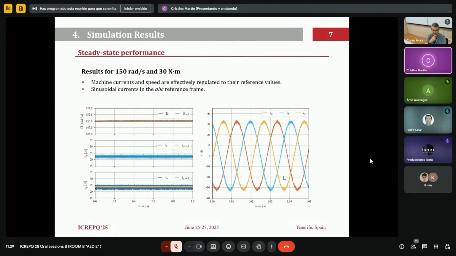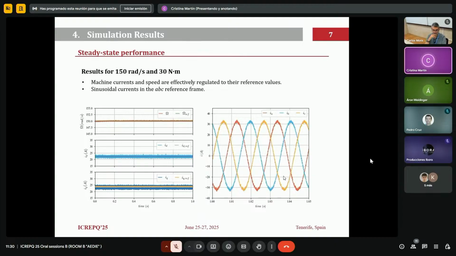Okay, so the results we obtain by simulations are these. First, we analyze the steady state performance over different operational points. This is an example for 150 radians per second of speed and a constant low torque.